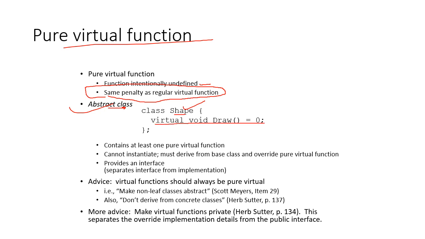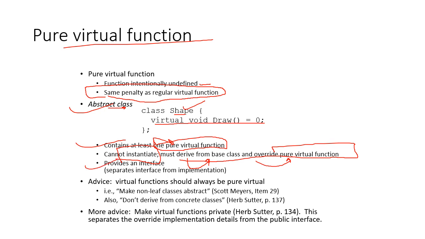Virtual void draw. It contains at least one pure virtual function and cannot be instantiated. It must be derived from the base class and it should override the pure virtual function, and provide an interface. This is just a simple thing written over here.